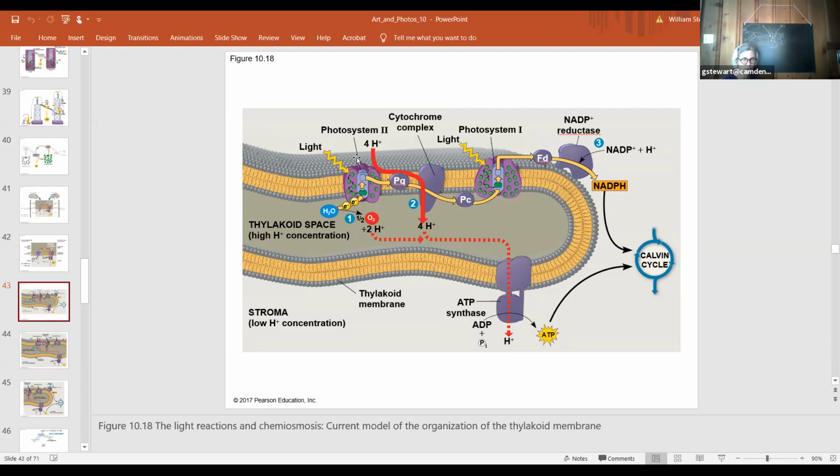So we've got photosystem 2, this molecule PQ, another one of these molecules that's actually several molecules, but we're just drawing it as a large one in this little peripheral protein here.